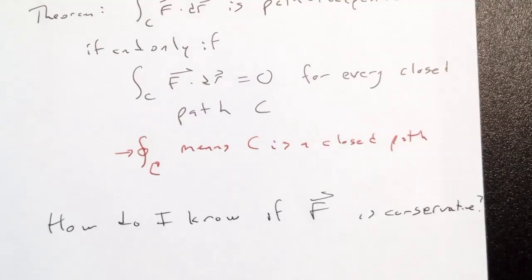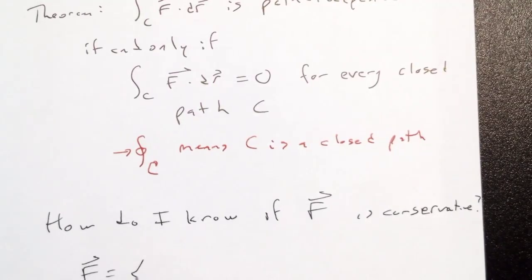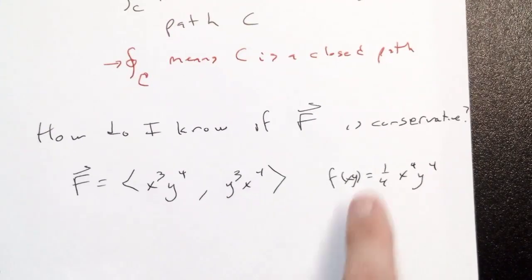But I gave you this example, and I gave you this function. And I said, look, this is the right function. This is conservative. How am I supposed to know that's the right function? Where did I get it from? I said earlier, I pulled it out of thin air. That's a horrible trick. I don't want you to have to pull it out of thin air. How do I figure out whether or not this is conservative?